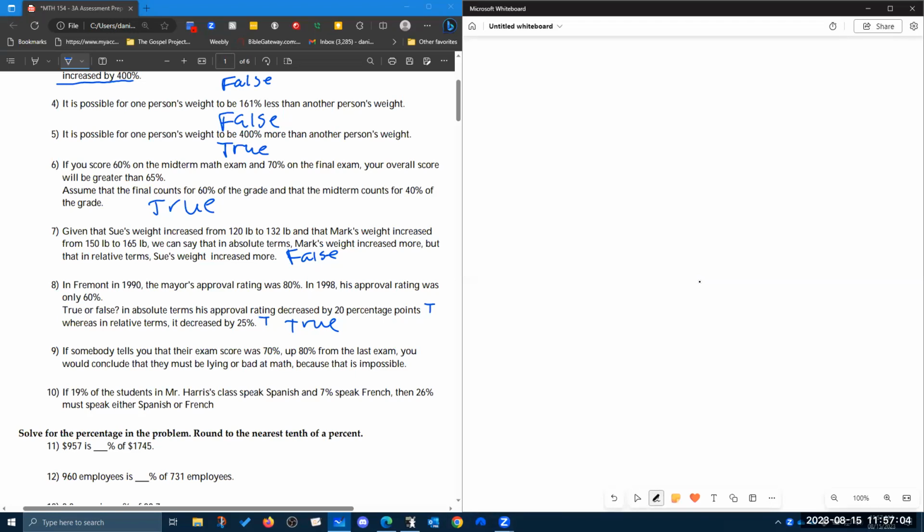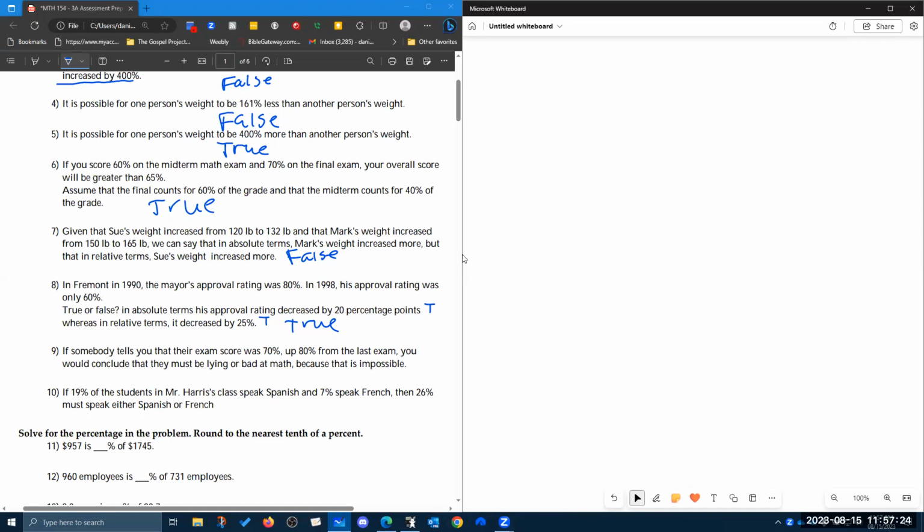Somebody tells you that their exam score was 70%, up 80% from the last exam. You would conclude that they must be lying or bad at math, because that is impossible. Depends on how they meant this.